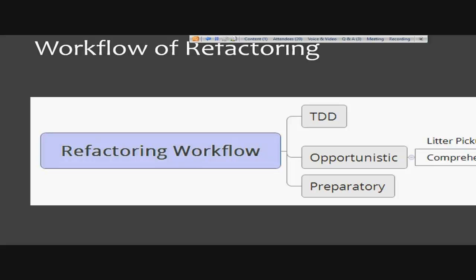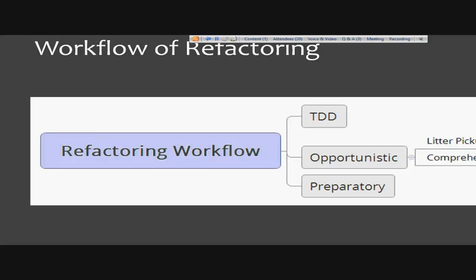If another developer comes and sees that code again, he should be able to build the same mental model that you built by spending a lot of time around that code. The series of small transformations you do to build that mental model inside the code is called comprehension refactoring.